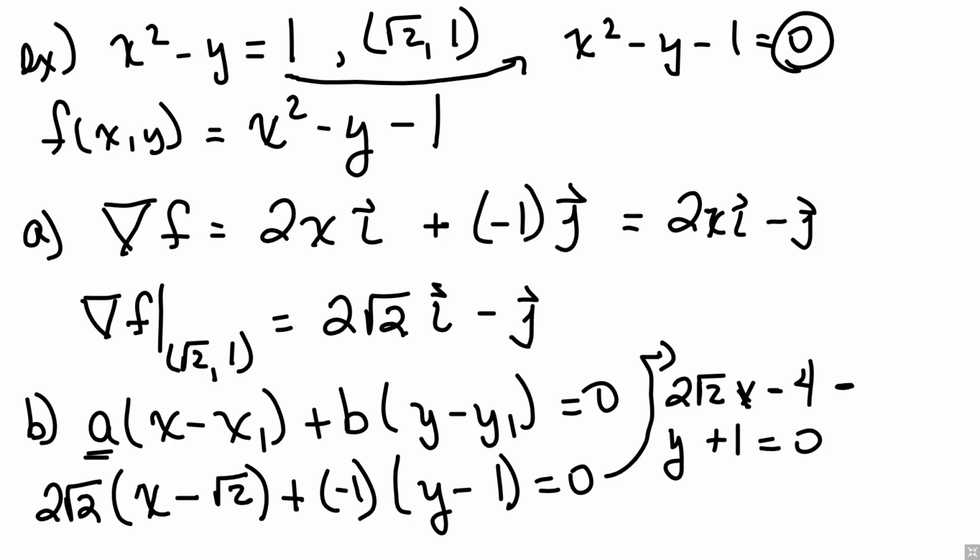So I'm going to add y to both sides and then combine like terms of what's left. So I'm going to end up with y equals 2 square root of 2 times x minus 3. And this will be my equation. Any questions?